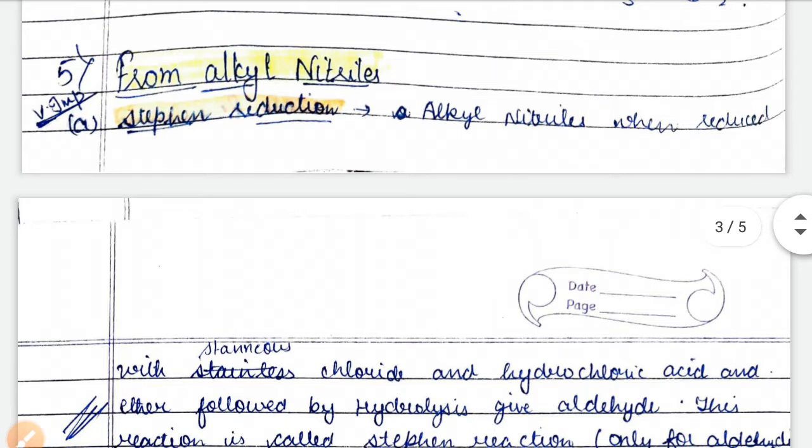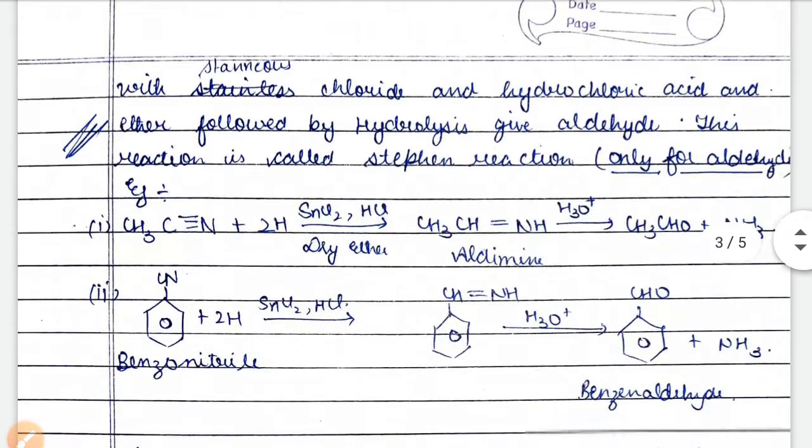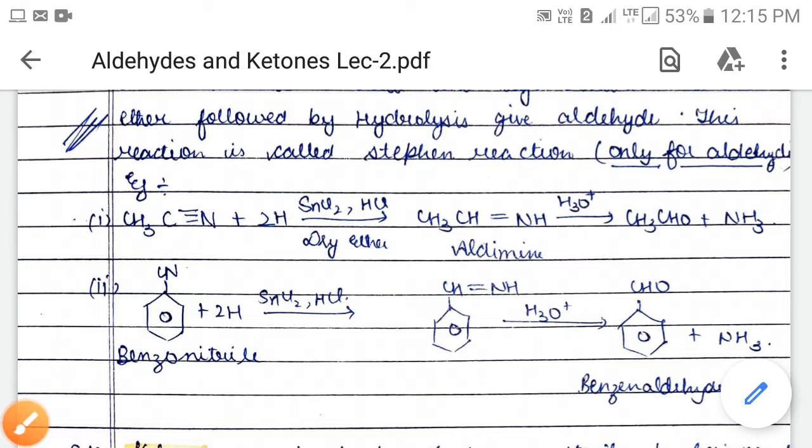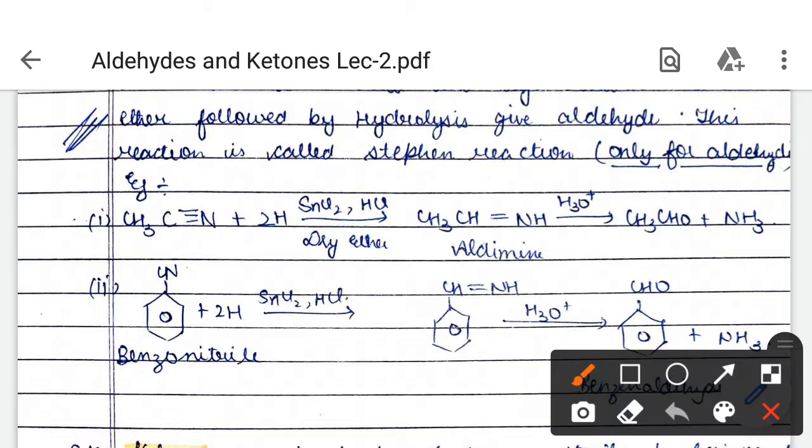This reaction is also very important, and it has come many times. In this reaction, nitriles are treated with stannous chloride, HCl and dry ether, and we get this aldimine, and then the aldehyde, that is acetaldehyde.